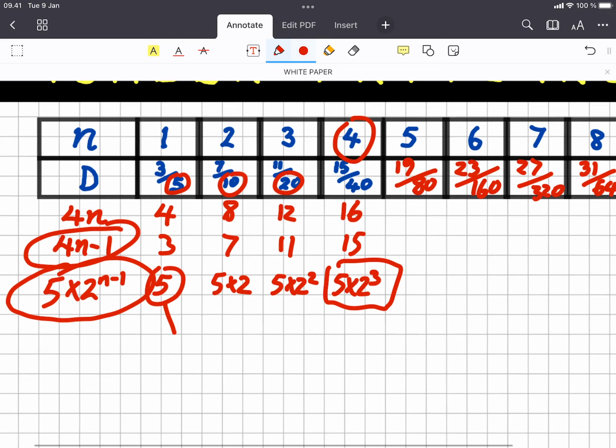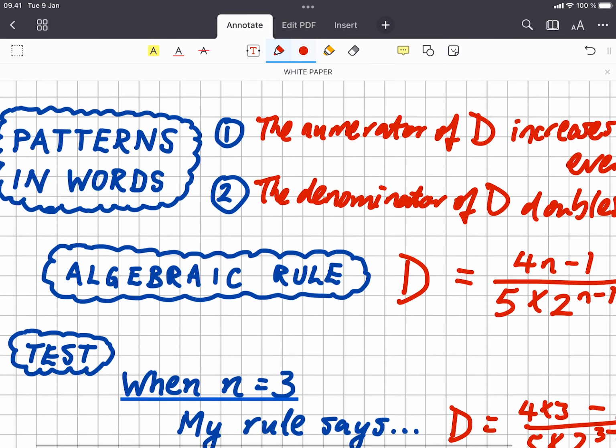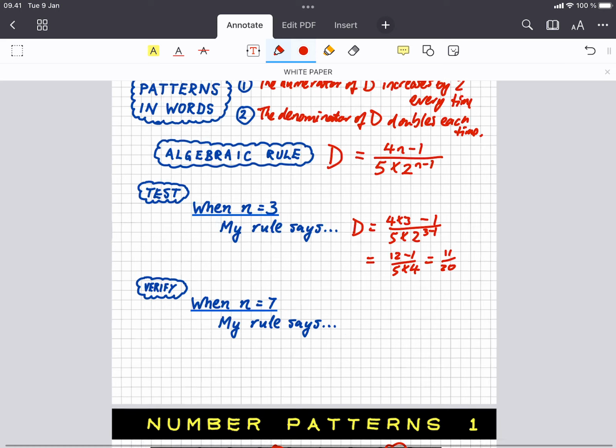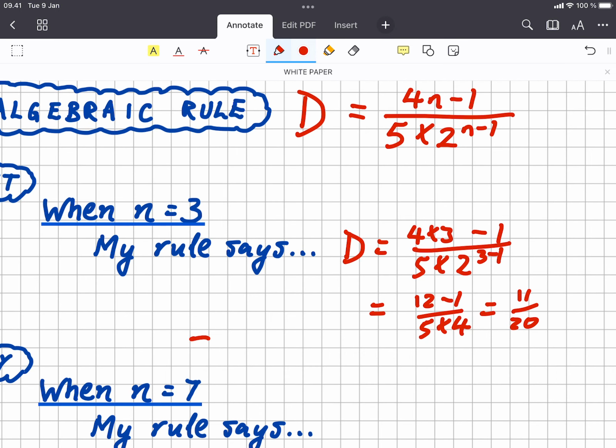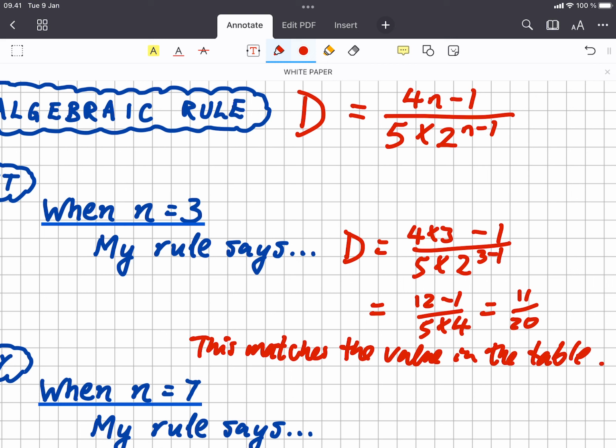And that matches the value in the table. Don't forget to make that comparison. It's very often worth a mark, and it's a silly mark to lose.